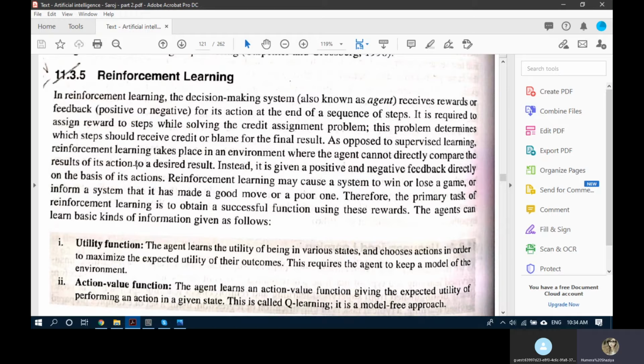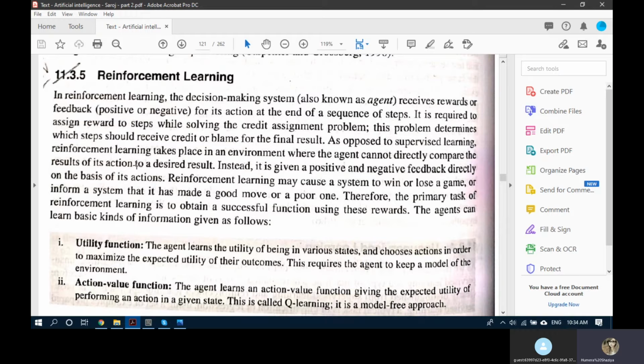The agent's job here is to perform the task at hand properly and get a reward. The agent wants a reward in the form of positive feedback.